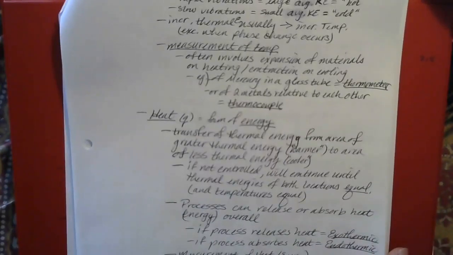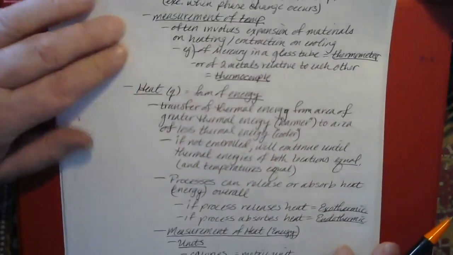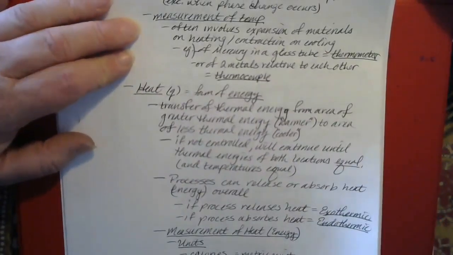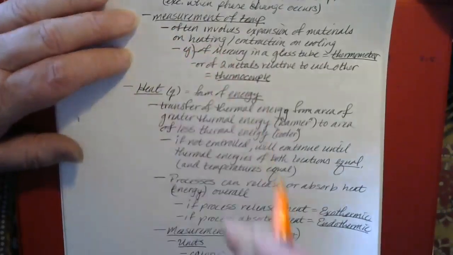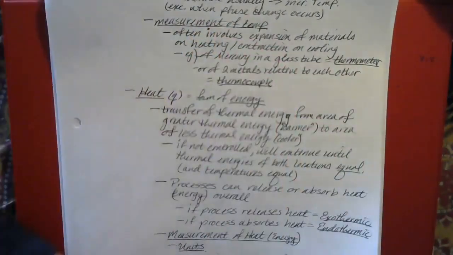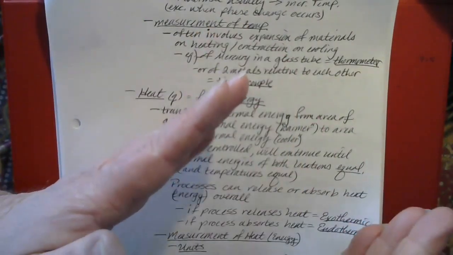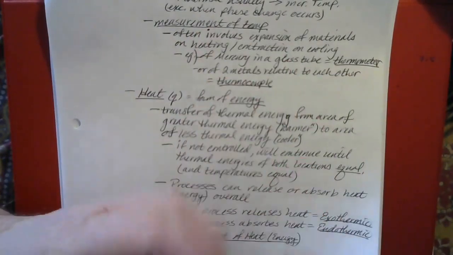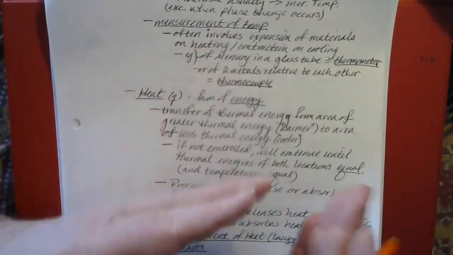Now, of course, we're interested in measuring temperature, which we normally do with things like thermometers. The principle of the thermometer is based simply on the fact that most substances expand when they get warmer and contract when they get colder. And different substances will expand or contract at different rates.